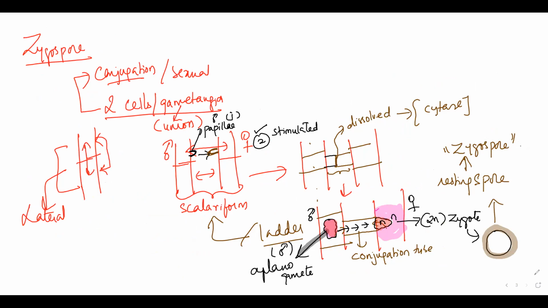And fungi, which is also one of the classifications in Thallophyta, so even algae and fungi belong to Thallophyta. So fungi is asexually reproducing again by aplanospores. But these aplanospores are usually called sporangiospores.